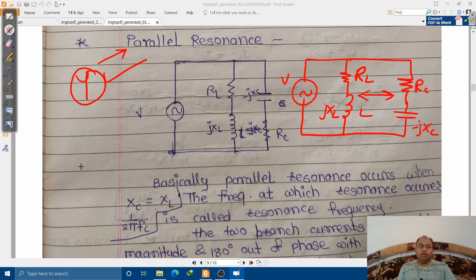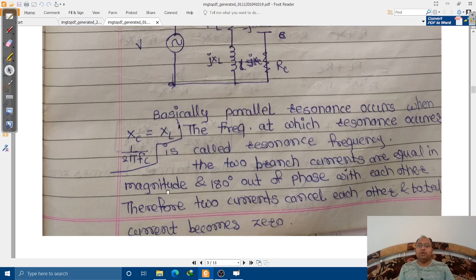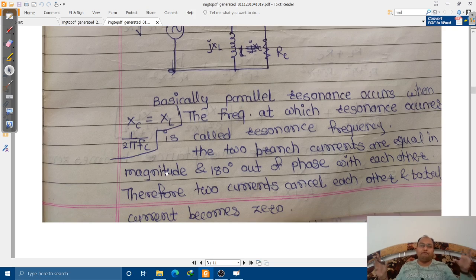So as in the series RLC circuit, here also the impedance or the phase angles have to be matched. That means XL and XC must have the same values, so that the phase angle nullification occurs, and because of that the maximum amount of current flows, which is again in phase with the applied signal. So that is again the same thing.